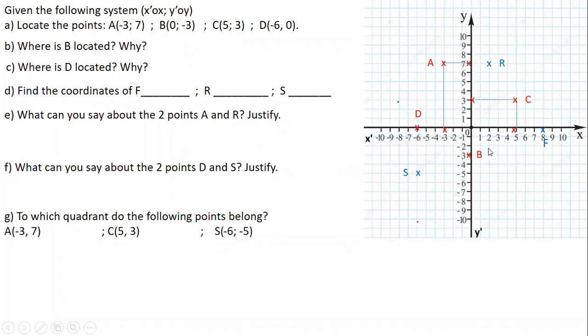Here is B, Adam, do you see it? On which axis? On the Y, because it has 0 abscissa. So we say B is located on Y prime or Y since it has 0 abscissa.